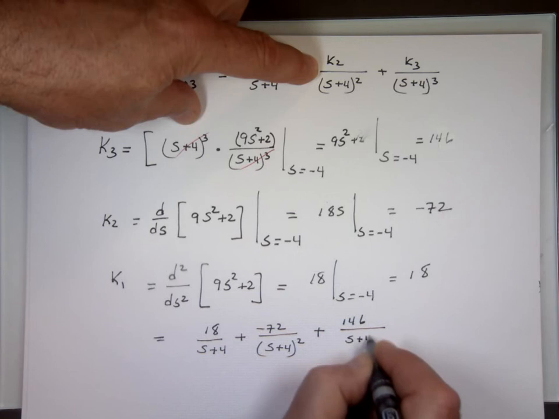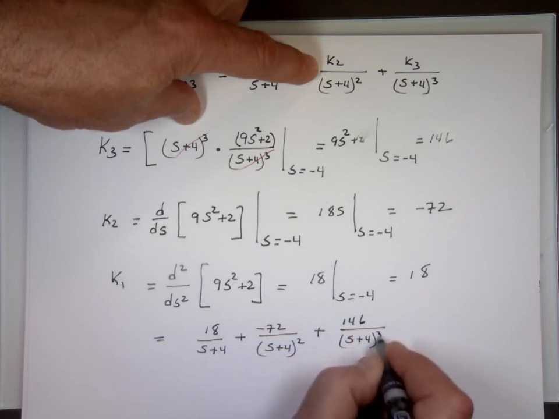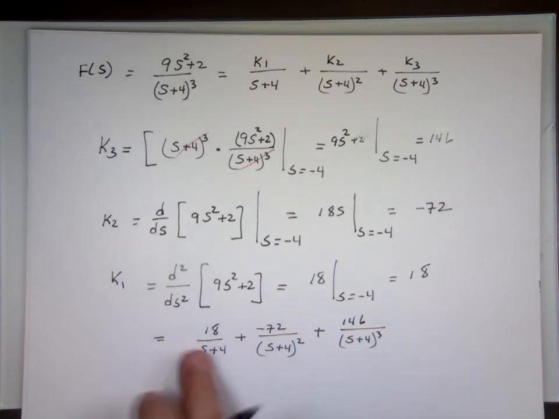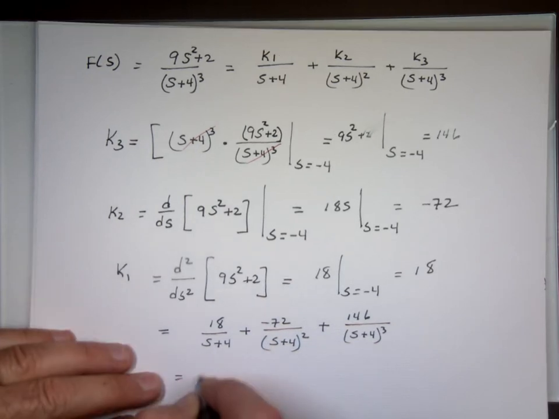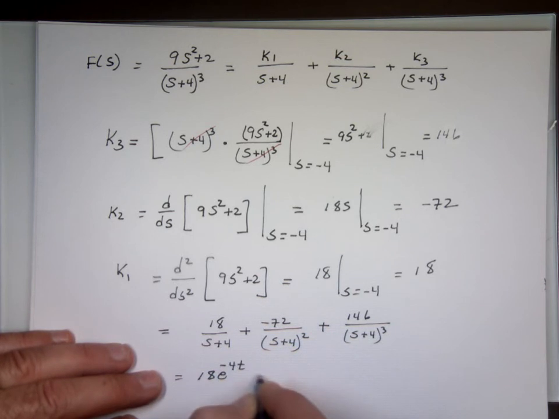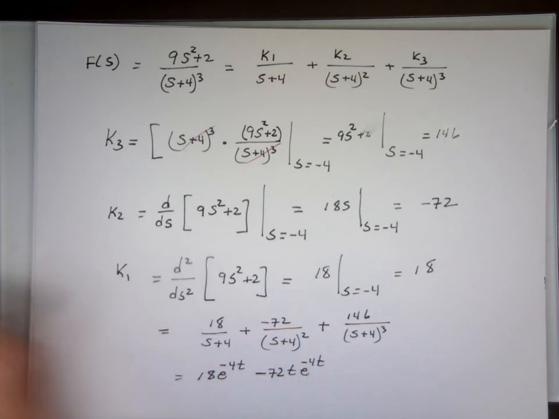We know the answer to this and this. That's one of the shortcuts I gave you. This is what? 18 e to the negative 4t minus 72 t e to the negative 4t. And what happens when you have t cubed? This is what you told me last time.